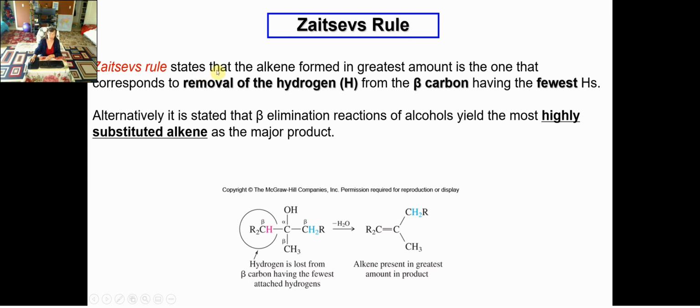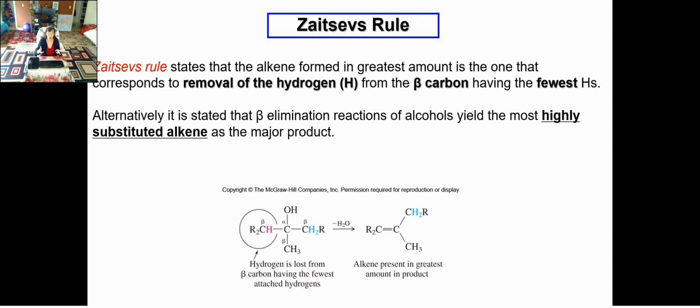The Zaitsev rule states the alkene formed in the greatest amount is the one corresponding to the removal of hydrogen from the beta carbon having the fewest hydrogens. Or let me restate it. The Zaitsev rule states the greater amount of alkene will be formed by removing hydrogen from the beta carbon with the smaller amount of hydrogens.